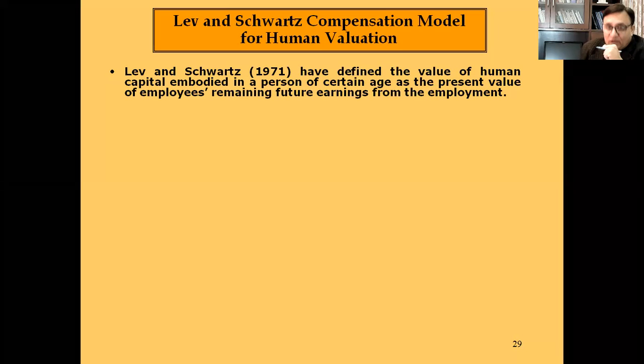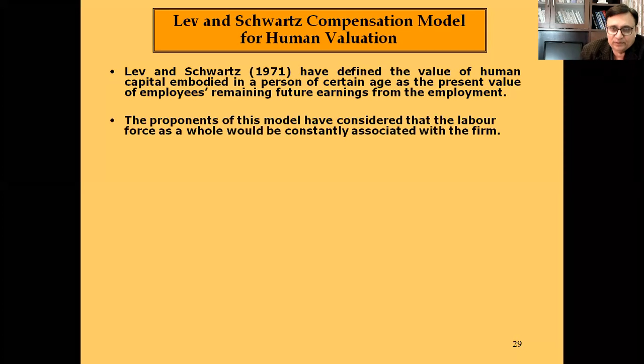So according to Lev and Schwartz, we have to calculate the employee's remaining future earnings and then find out the present value of that by applying a certain discount rate. Then we will be in a position to find the human value of the human resource. The proponents of this model have considered that the labor force as a whole would be constantly associated with the firm.